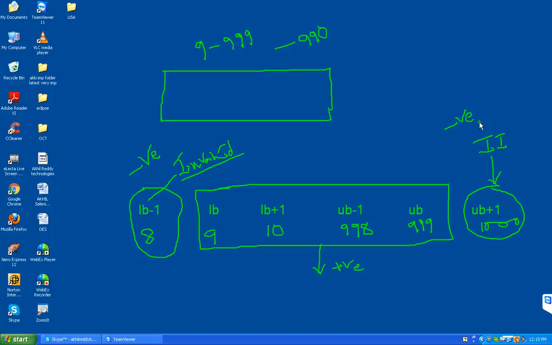We are totally concentrating on boundaries, so we call it boundary value analysis. Using this technique, we can complete our task very easily.